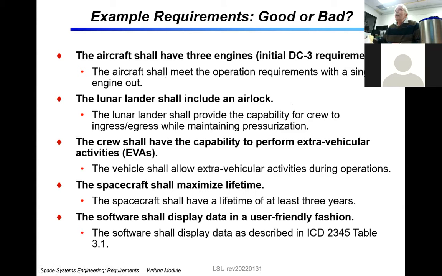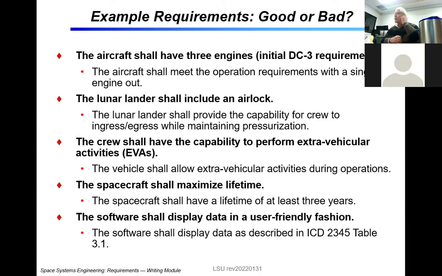So here are some example requirements. All right, whether or not these are good. The aircraft shall have 3 engines. That's an implementation. The real requirement is the aircraft shall meet the operational requirements with a single engine out. That's the requirement.